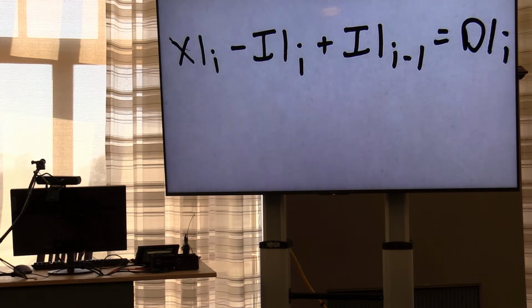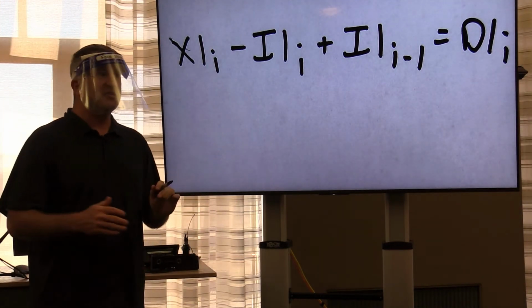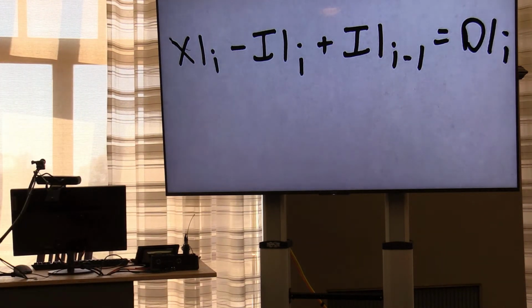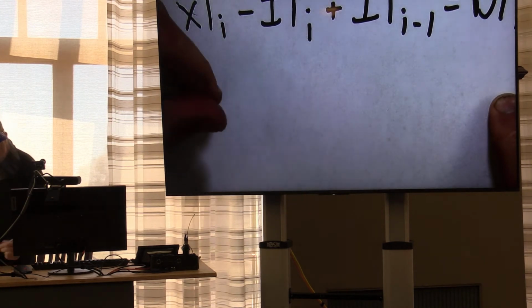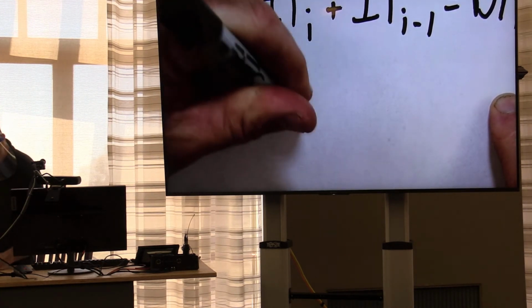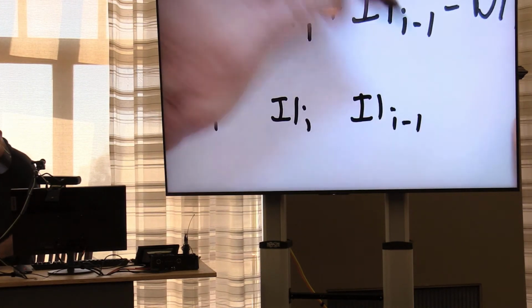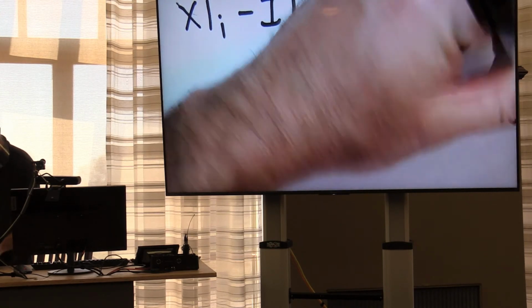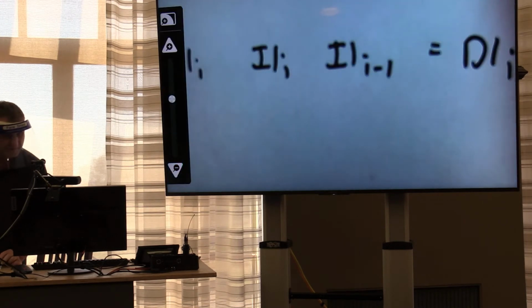And so we want our equation to reflect this. And remember, this is another sum product thing. So we know in the spreadsheet somewhere there's going to be an x1i, somewhere there's going to be an i1i, somewhere there's going to be an i1i minus 1, and somewhere on the right-hand side of our equation, there'll be a d1i.